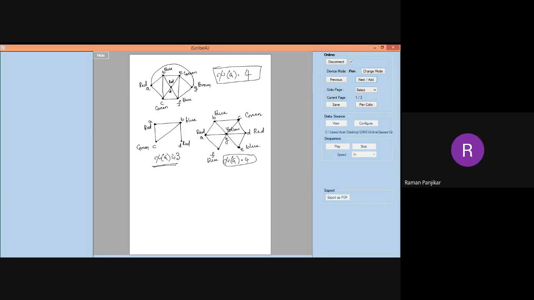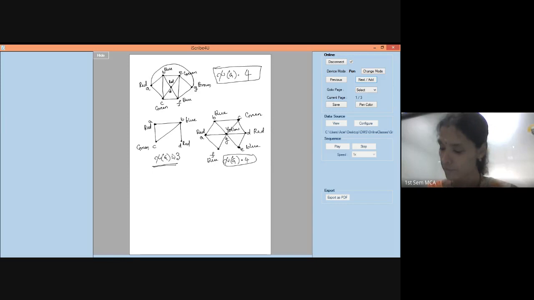Ma'am, A red, pick C and E as red. Then for B blue, pick F and D as blue. Then G green, 3 colors. Yes, ma'am, 3 colors we will get. You should get, then fine. Good then.